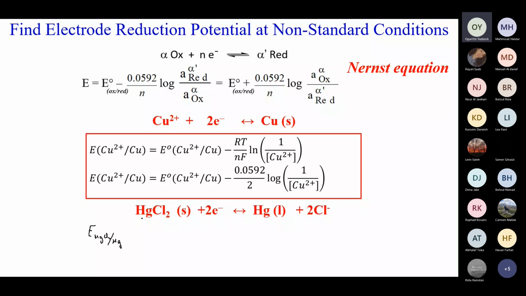Which is like having mercury 2 plus over mercury. But because it's a solid, I won't dissociate this solid, leave it as mercury chloride over mercury. It doesn't matter how you name the E. Okay.